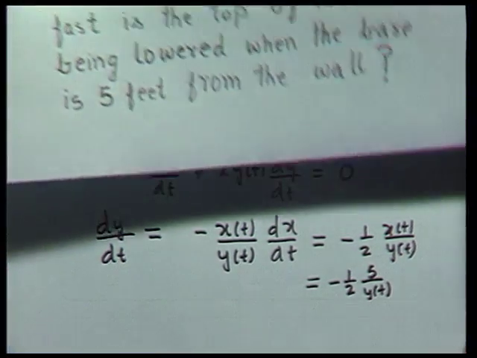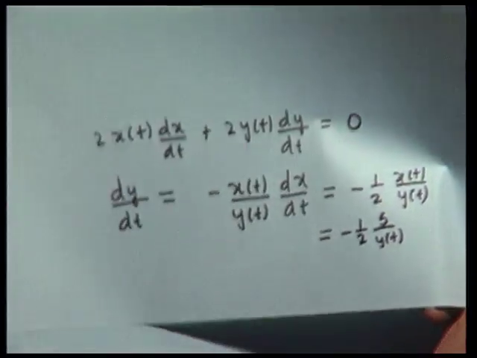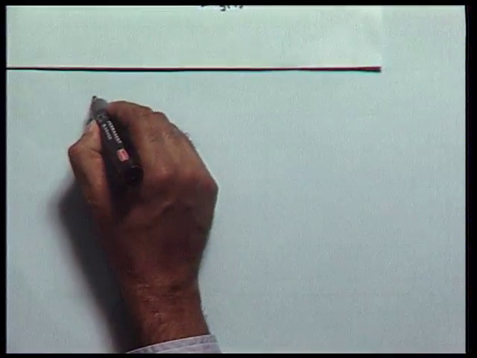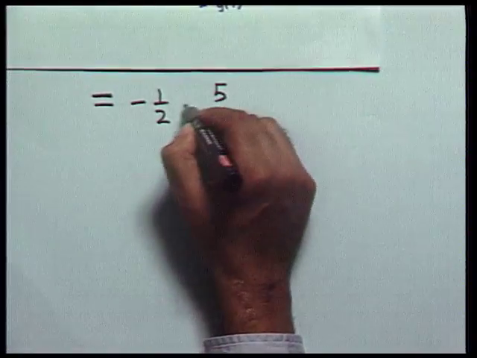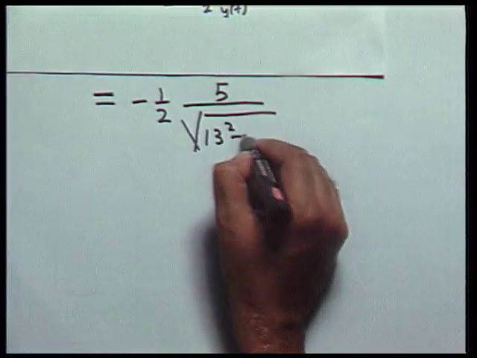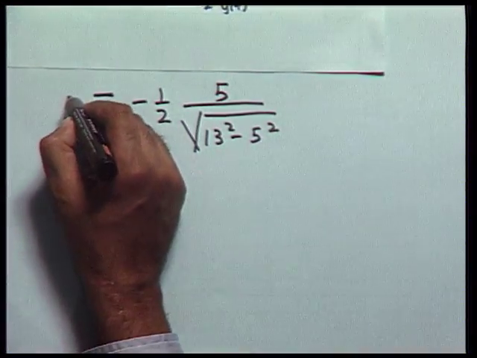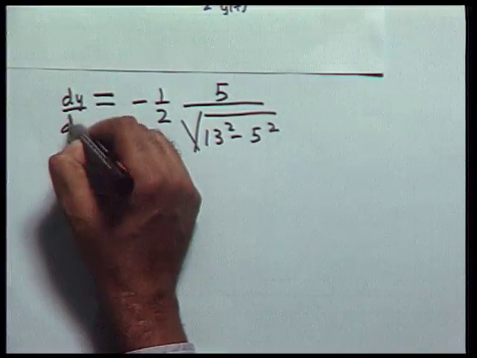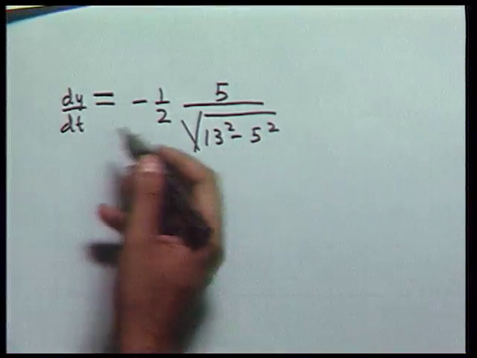Let us simplify this a little bit more by the use of Pythagoras' theorem. This is equal to minus half times 5 upon under root 13 squared minus 5 squared. And remember, this is nothing but dy by dt, and that is what you needed to find. I will leave the simplification of this for you, but you have the answer over here.